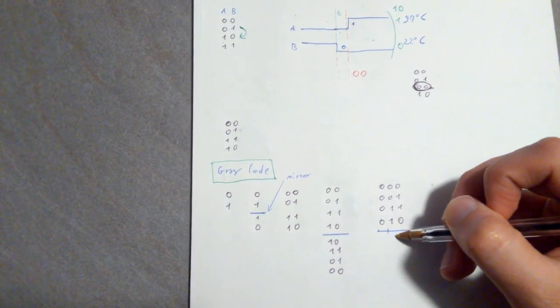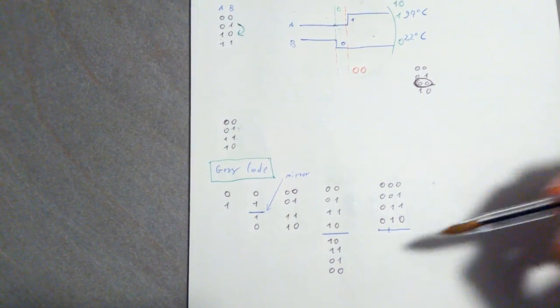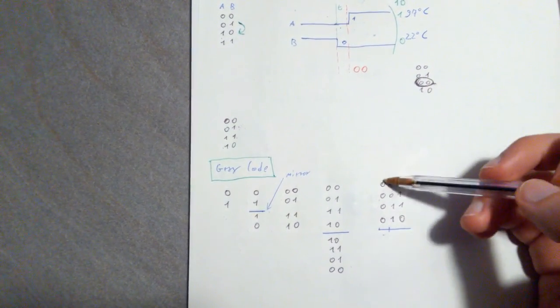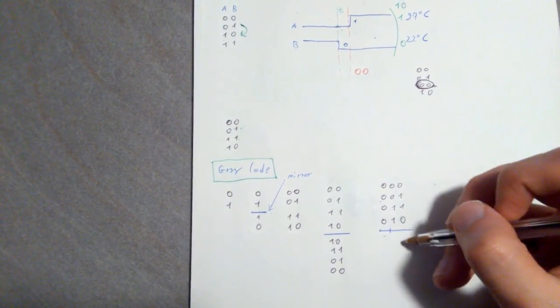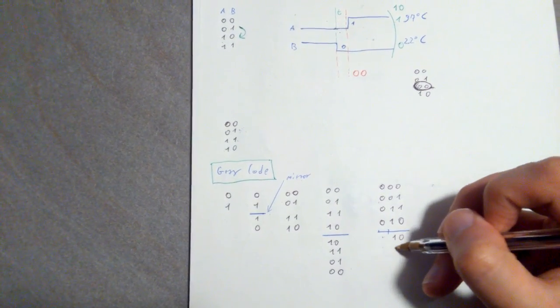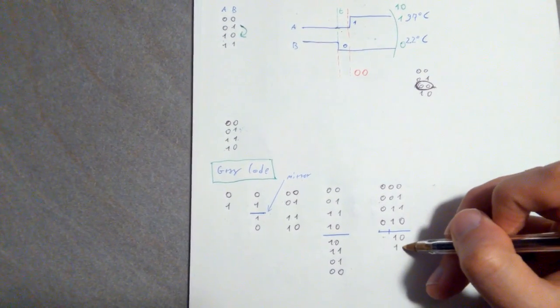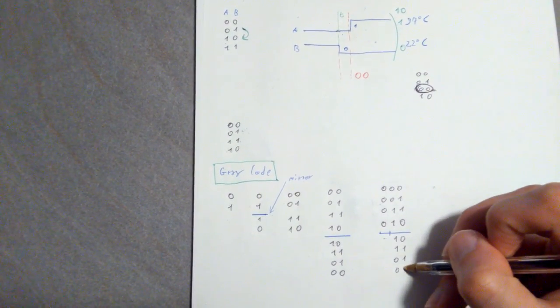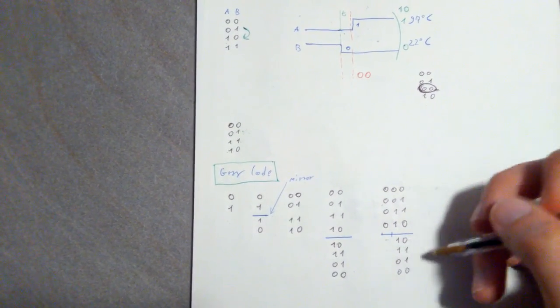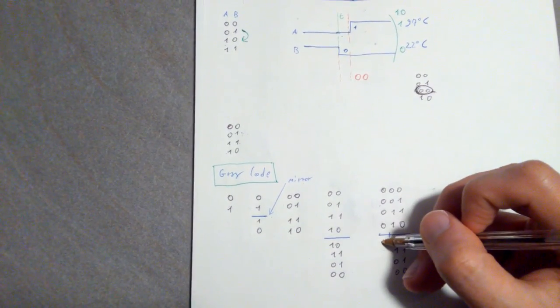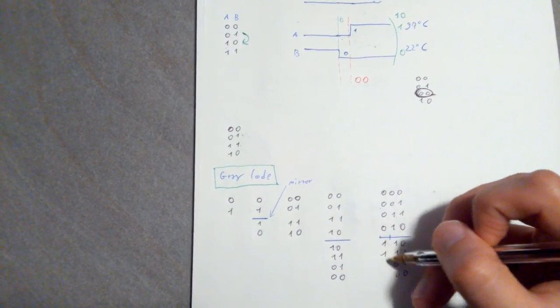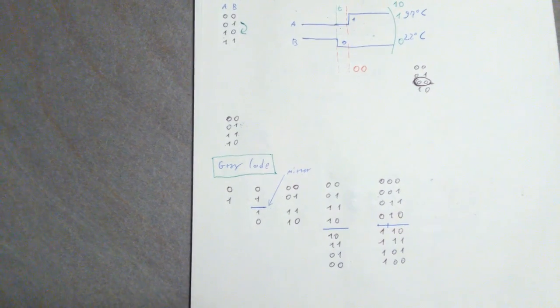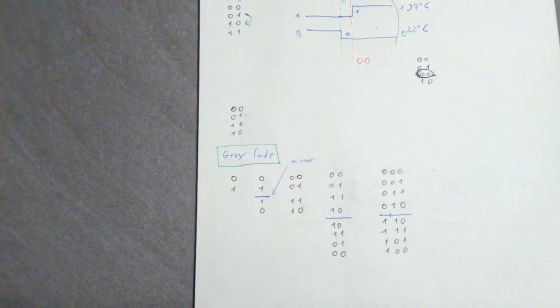So the mirror is up here, and you just change and invert this from 0 to 1. So you have the mirror here, so 10, 11, 01, 00, because it's the effect of the mirror. And then here, from 0, you just change all of them into 1. You can go on over and over again making Gray code.